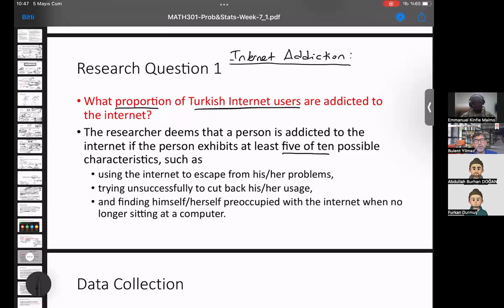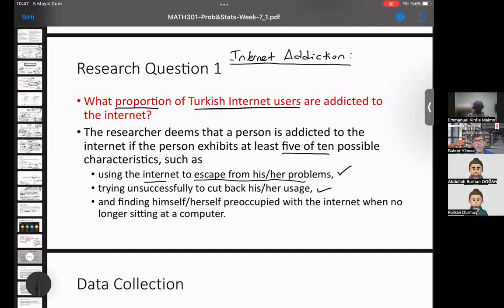Here are some things that psychologists have come up with. If you are using the internet to escape from your problems, then you tick that. If you are trying unsuccessfully to cut back the usage, for example, you are trying to stop using the internet or your cell phone, but you cannot stop doing that, then you check it.